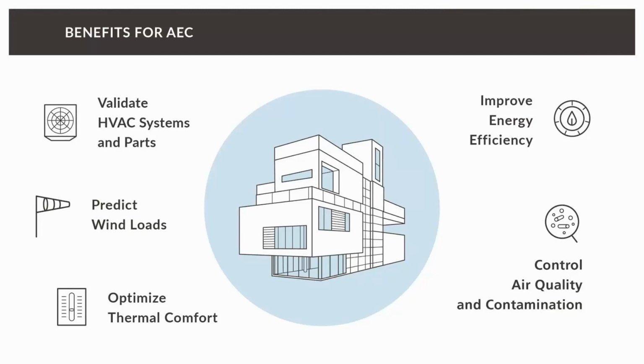We can also optimize thermal comfort inside the building: what is the temperature, and what velocity from the HVAC systems is affecting the people. These are all huge advantages of simulation. Today we're just going to look at one of those very small areas, but it's good to bear in mind that SimScale can cater for all of these different scenarios.